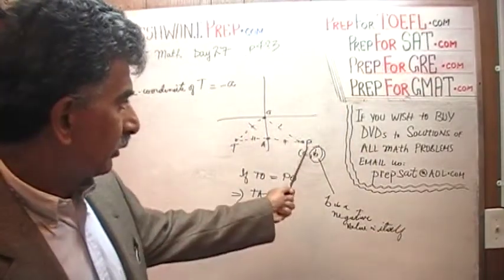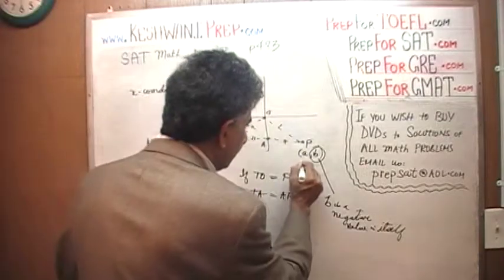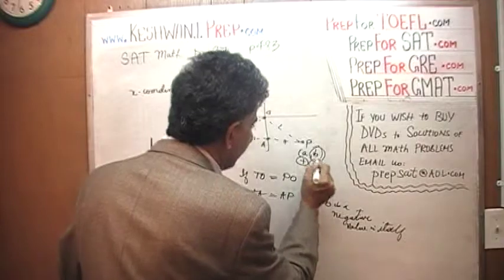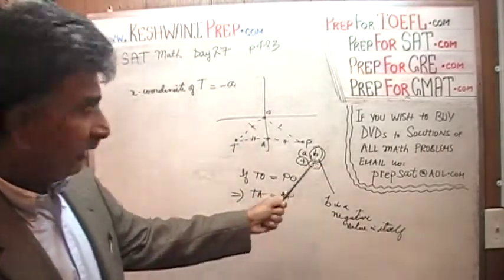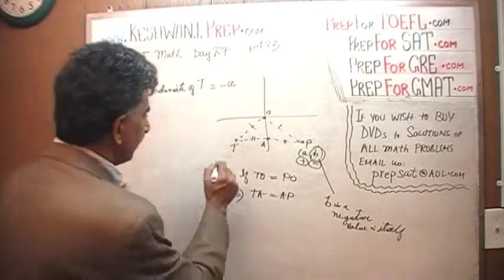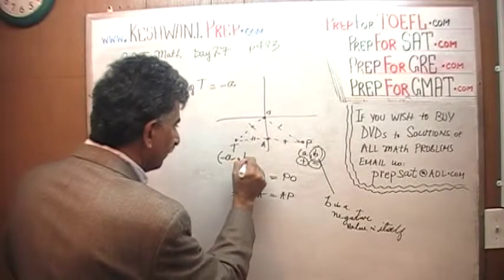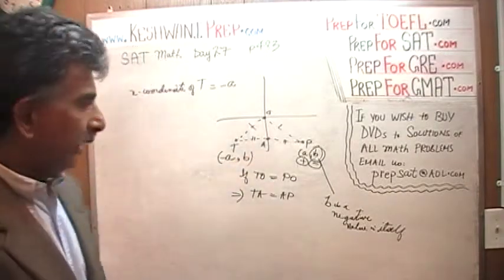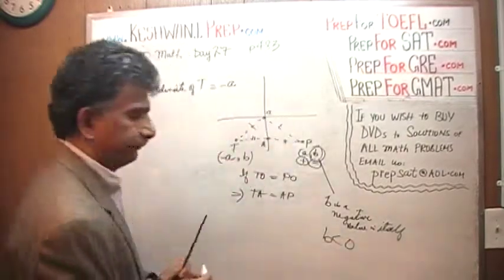We are told that the coordinates of P are A, B. A is a positive quantity and B is a negative quantity because it's below the x-axis. Since B is negative in itself, it's not going to change here. It's the same B that's going to appear here. So we're going to end up with negative A and B, keeping in mind that B is less than 0.